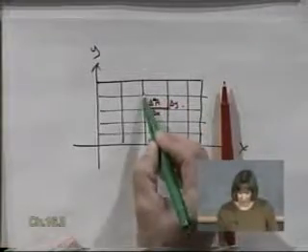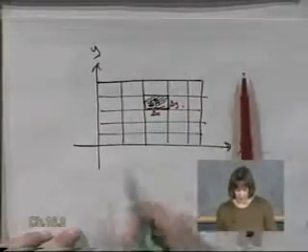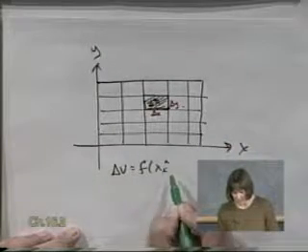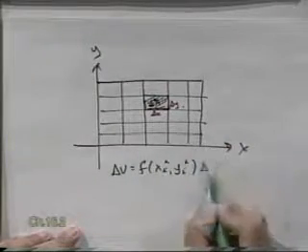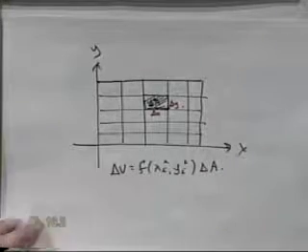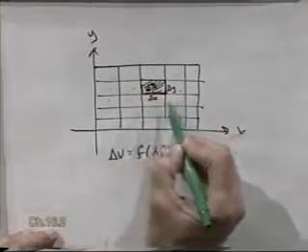And for the part of the tent that's over this one little delta A area, its volume we can write as f of x sub i star, y sub j star, times delta A. That's the whole idea. Okay?